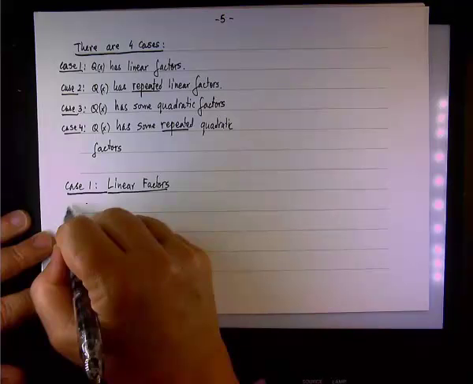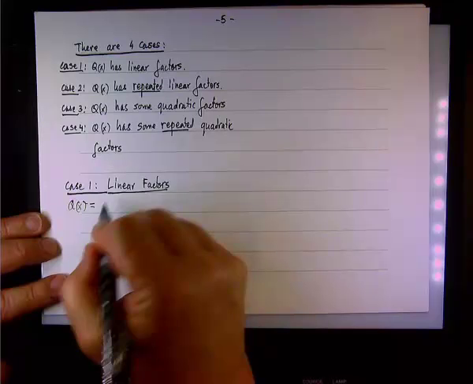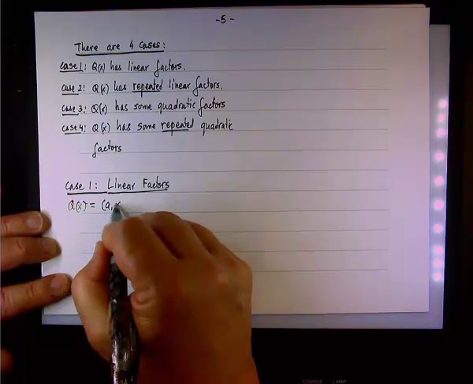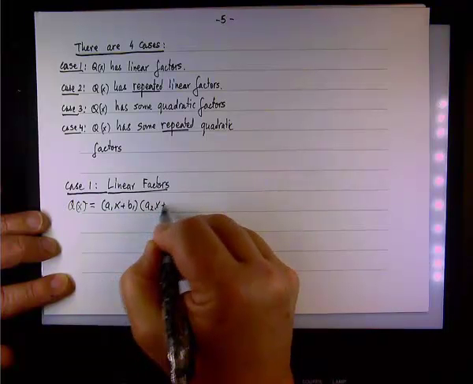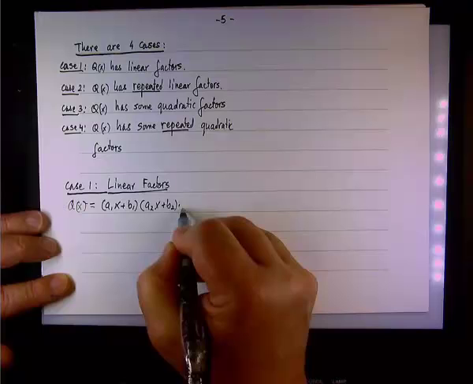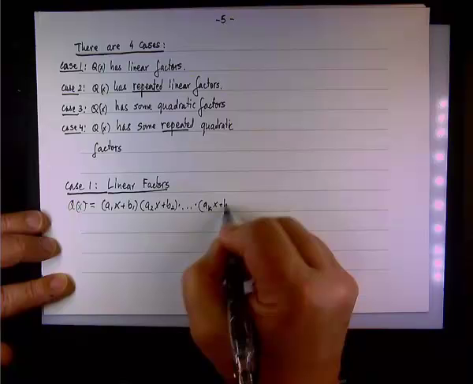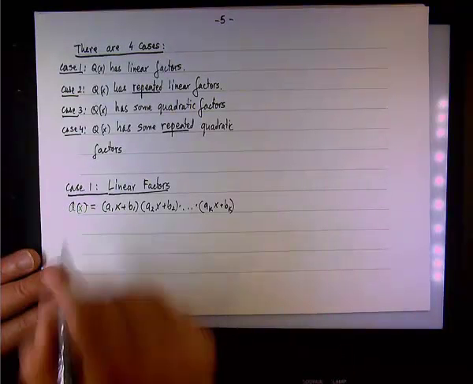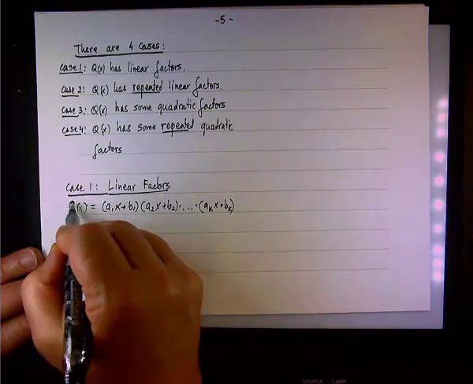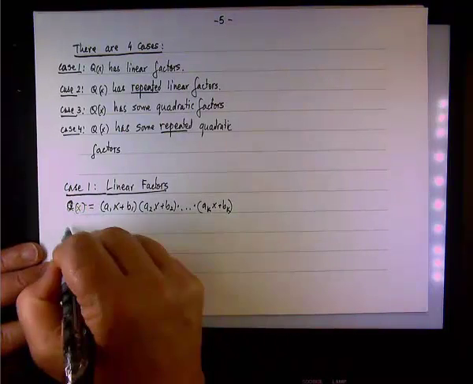In this case, the polynomial Q of x can be written in general as a product of linear factors, a1x plus b1 times a2x plus b2 times dot dot dot a sub k x plus b sub k. In other words, there are k distinct linear factors whose product is the denominator.